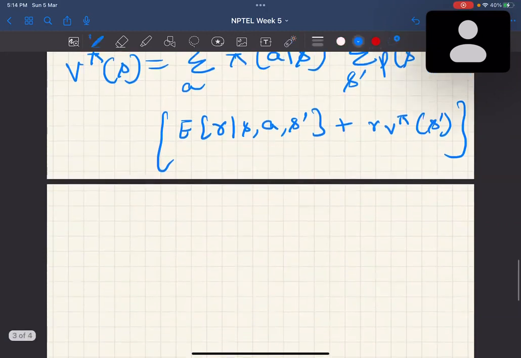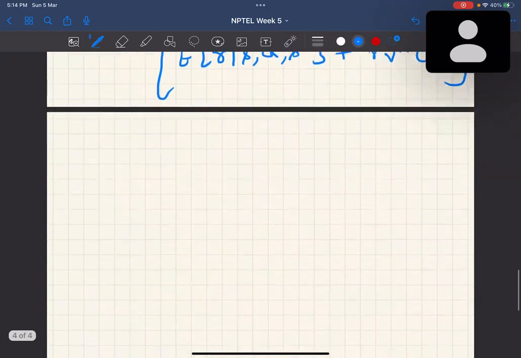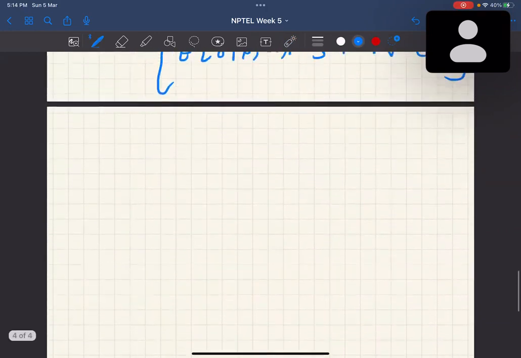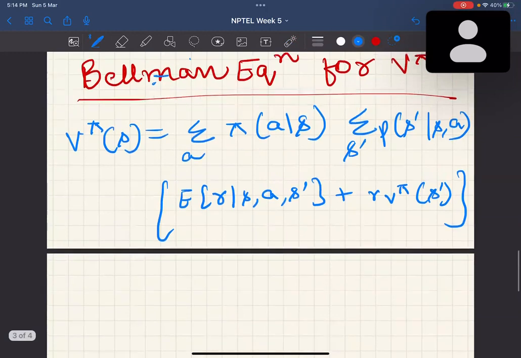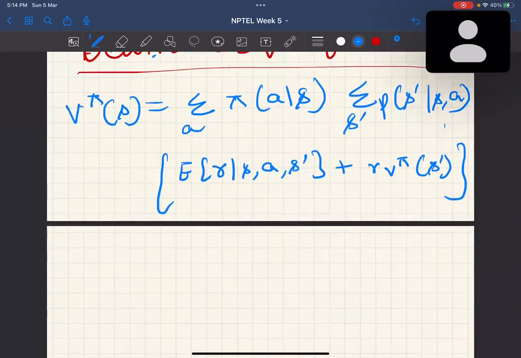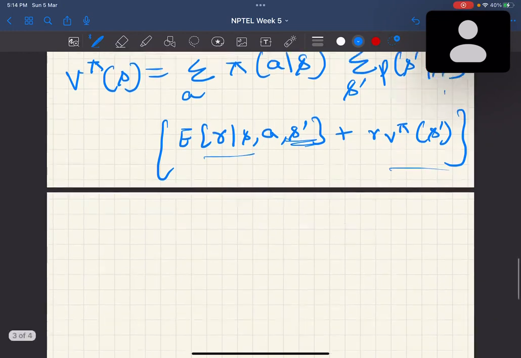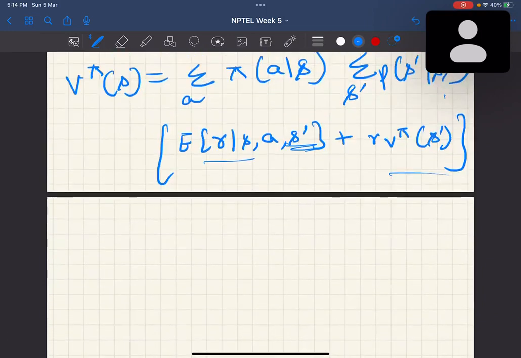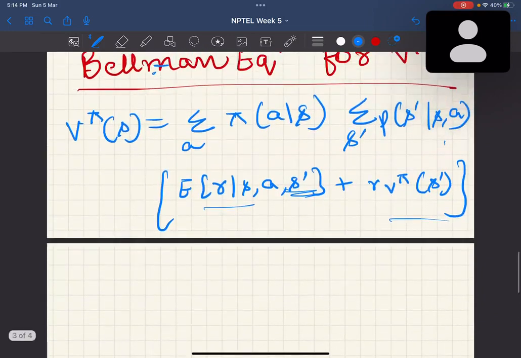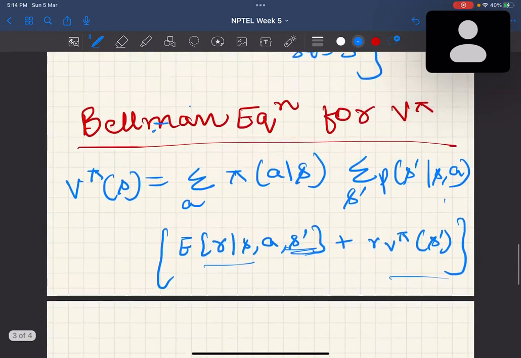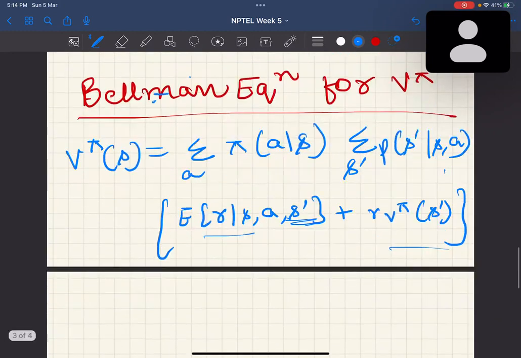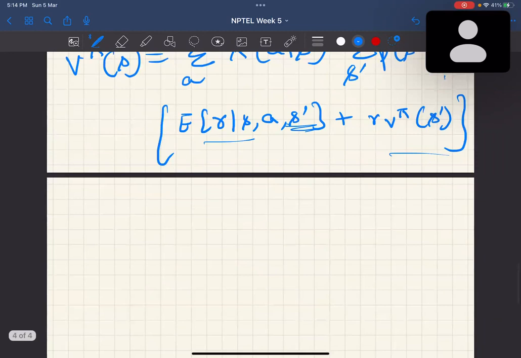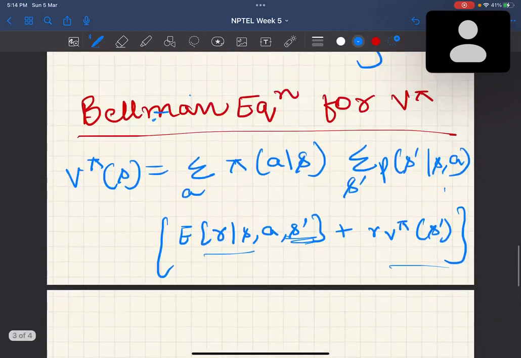Now let's move forward. Once I know the S dash, I'll know the expected reward, and this is the future reward, the return. We will study more about how the system is unique and how P is stochastic in a moment. First, this is the Bellman equation for V pi.